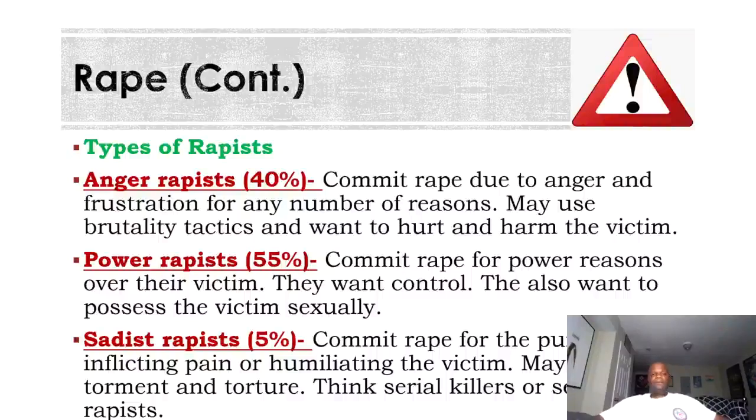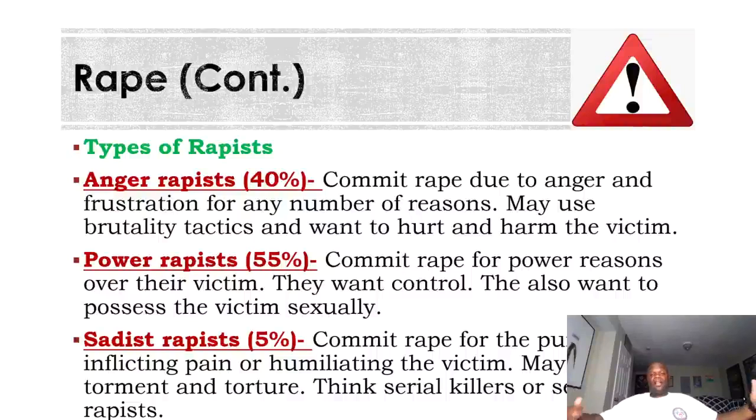And as you see, power, they're doing it for nothing more than power reasons. They want to possess the victim sexually. They want control, and they want to exhibit and exert some measure of control and power over the victim. Whereas anger, those individuals committed due to anger and their frustration. They could be frustrated for any reasons. In fact, we can even argue strain theory, right?